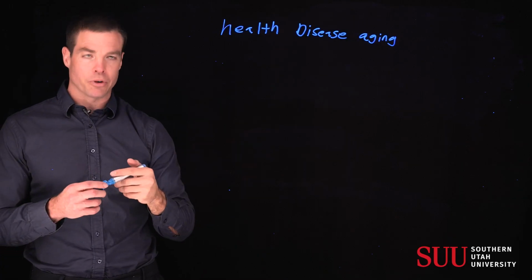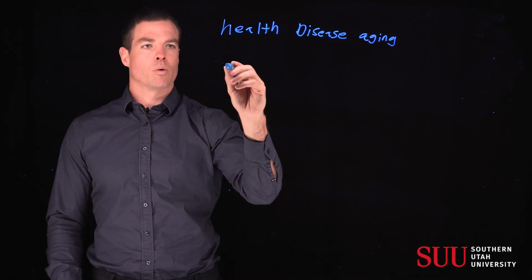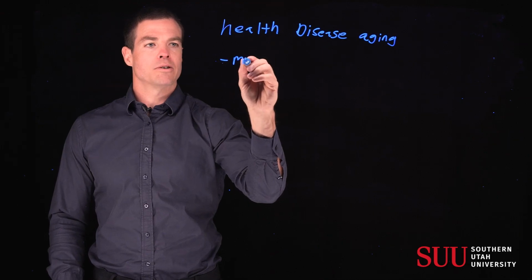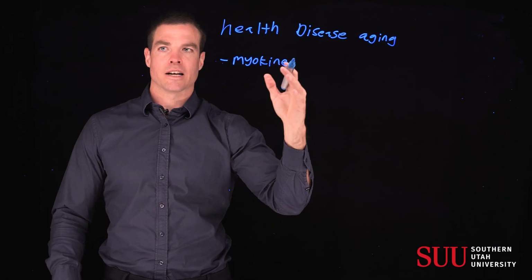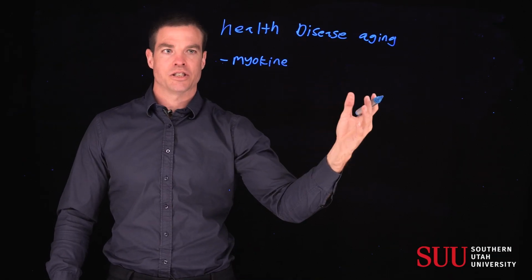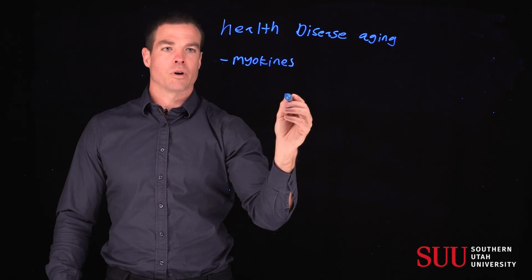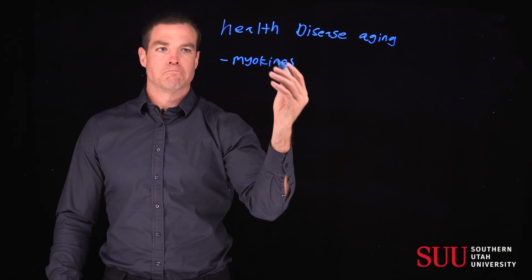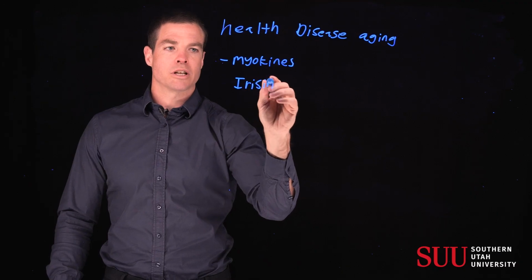But why does it help with health? It helps because first off, muscle tissue is what's considered a myokine endocrine signaling tissue, and so it can secrete myokines. Some of these would involve something like irisin, for example. This is a really important molecule.